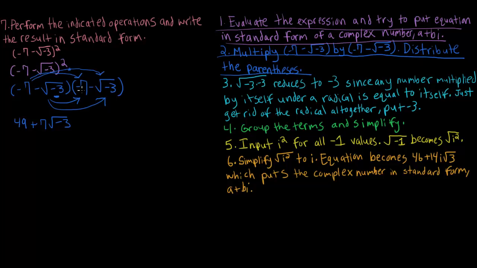Negative square root of negative 3 times negative 7 is positive 7 square root of negative 3. And then square root of negative 3 times square root of negative 3 just becomes positive square root of negative 3 times negative 3.